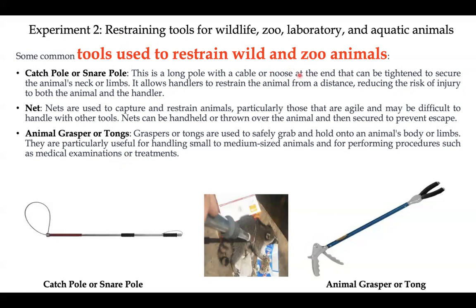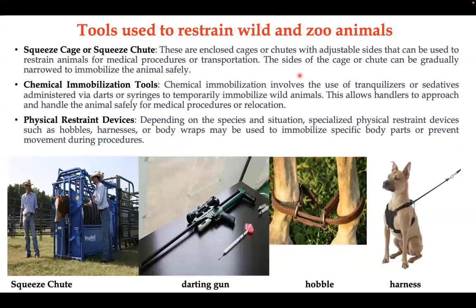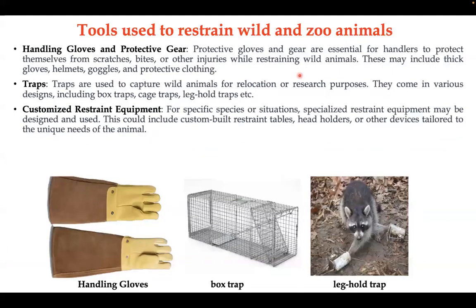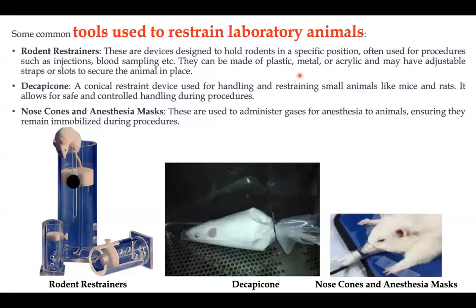From these slides, our concern is to talk about the tools used in restraining laboratory animals. As we know, laboratory animals are mostly smaller animals, so we need smaller equipment to hold and handle them.